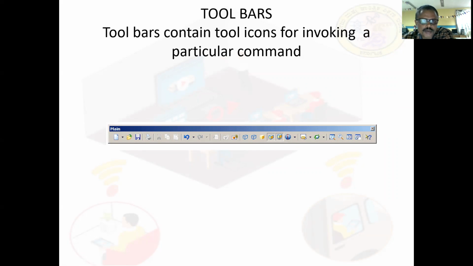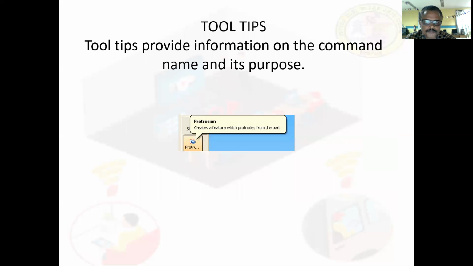Basically the toolbars contain tool icons. These are icons for invoking a particular command. If you want to invoke a particular command, you have to click these icons. So the toolbars are the most useful interface in the Solid Edge software, like any other software.